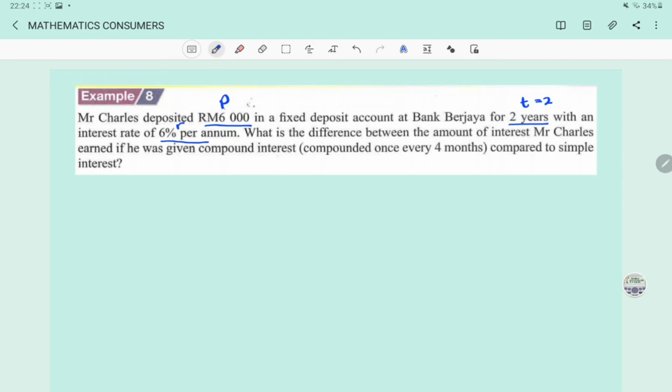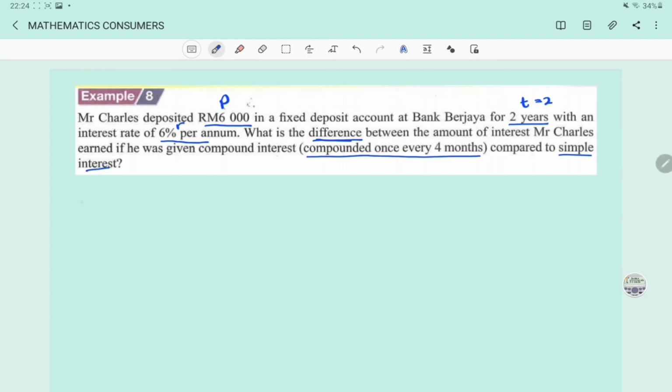This one is R. What is the difference? The question asks you the difference between the amount of interest Mr. Charles earned if he was given compound interest compounded once every 4 months compared to simple interest. So now you have to make a comparison between compound interest and simple interest.